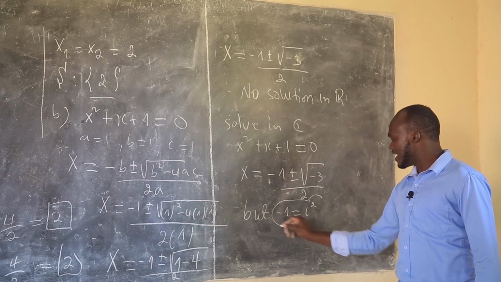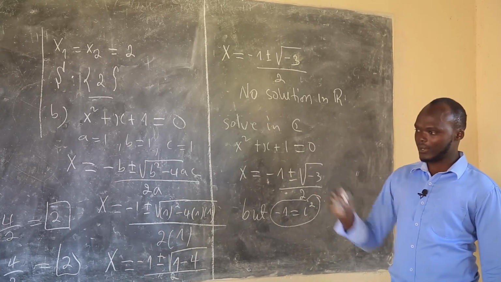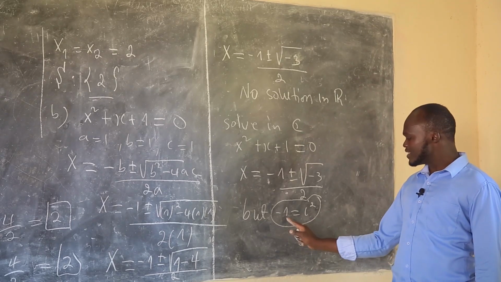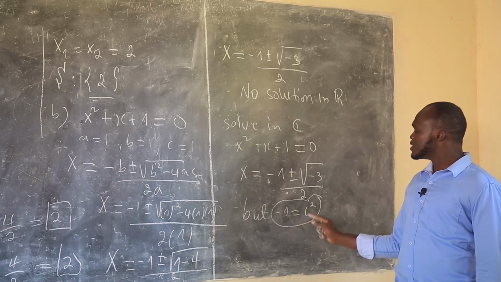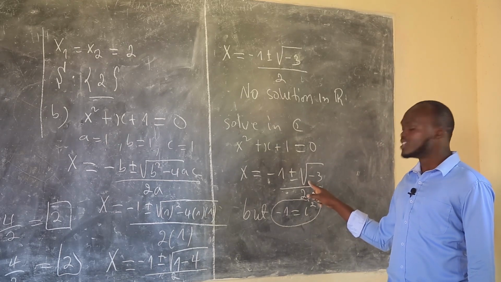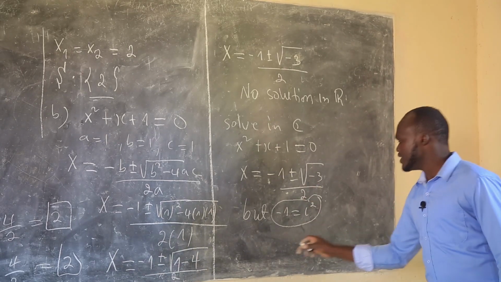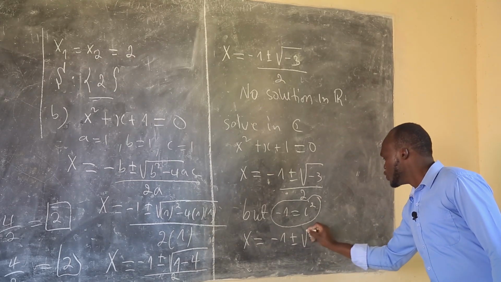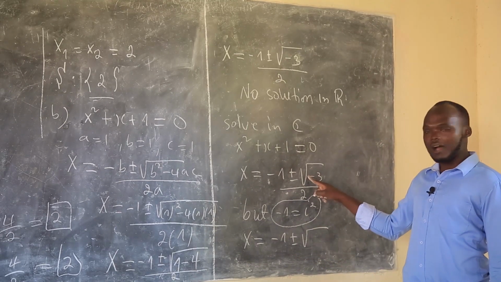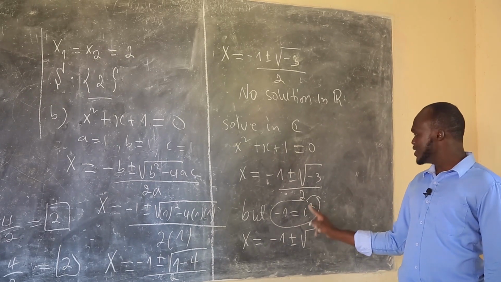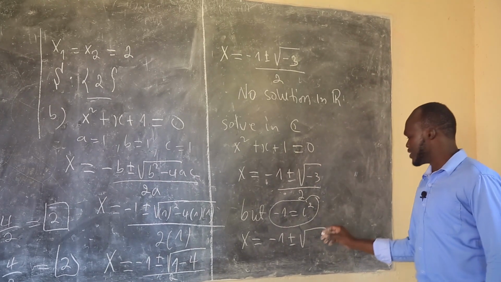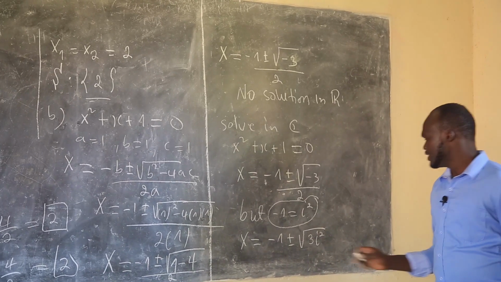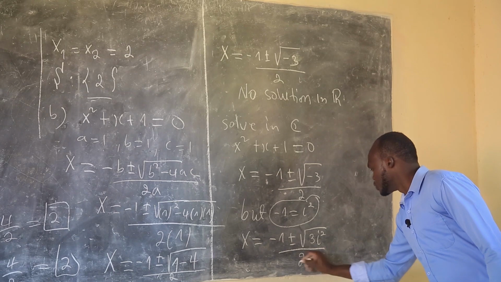That is an addition to the real numbers. So that's what complex numbers bring. When you have negative 1 as i squared, it helps us find the square root of negative 3. So here x will be equal to negative 1 plus or minus root, because negative 1 now is i squared, so i squared times 3, that is 3i squared, divided by 2.